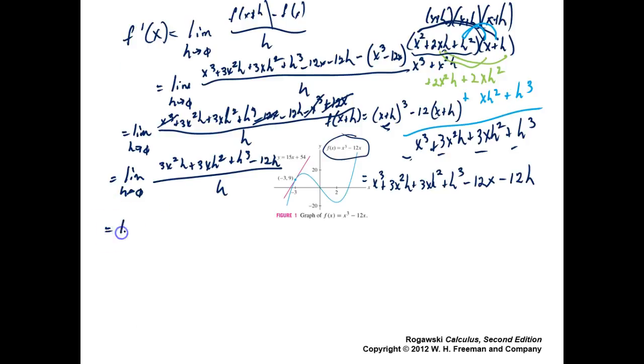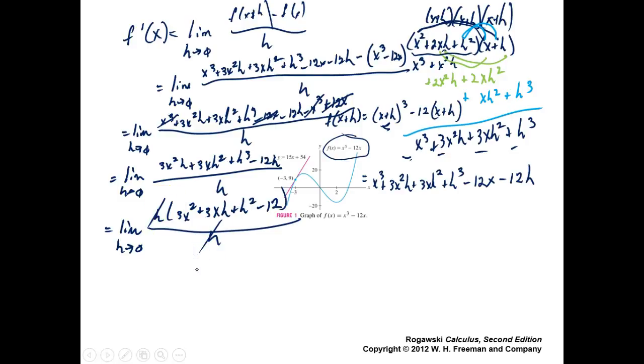That'll be the limit as h approaches 0 of, let's factor out the h, and that leaves us 3x squared plus 3xh plus h squared minus 12, right? Divided by h. And guess what happens? The h's can go out now.